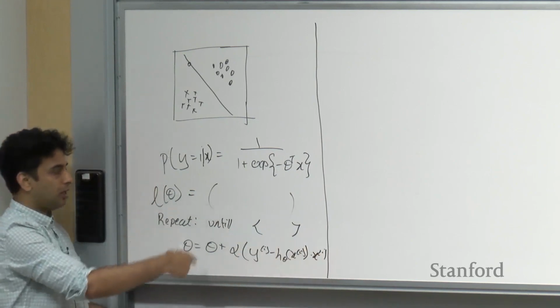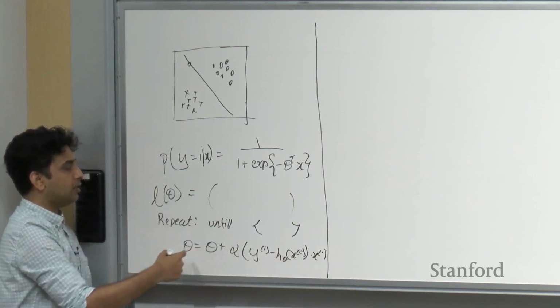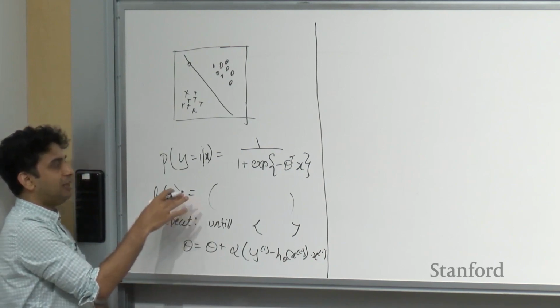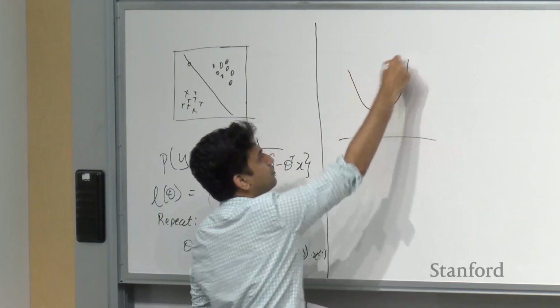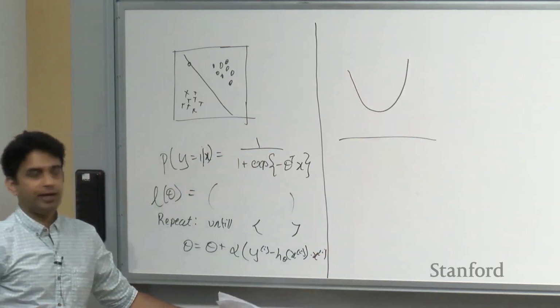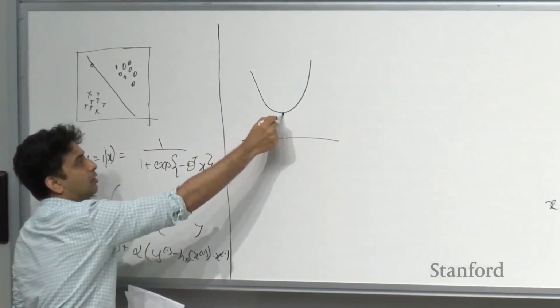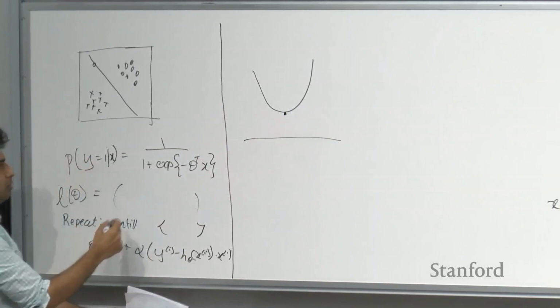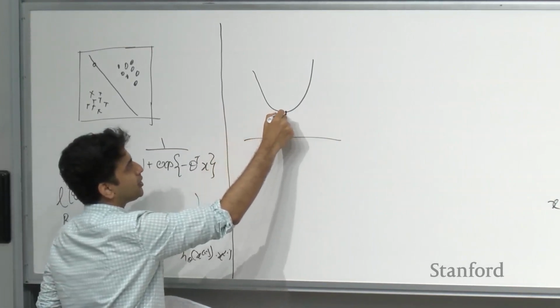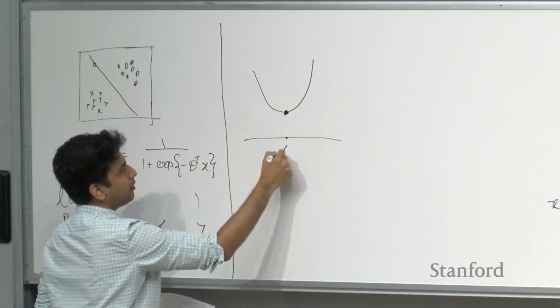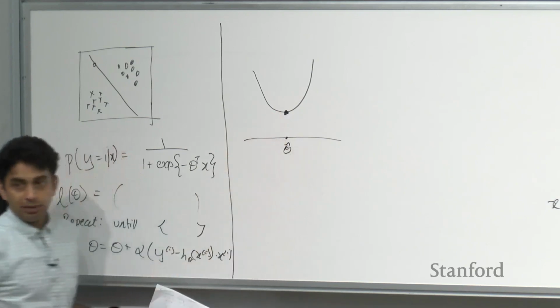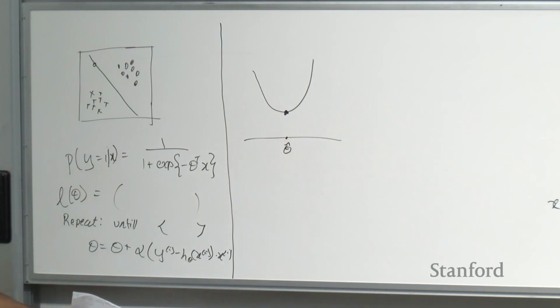So we are looping this. Now, if your loss function is well defined and has a well defined local minimum, then this algorithm will eventually reach some nearby point, and theta hat will be this nearby point of the global minimum.